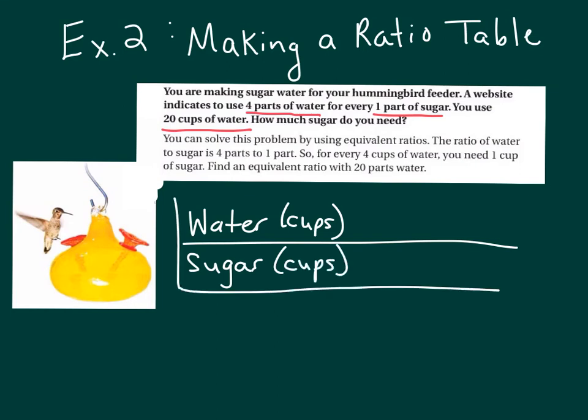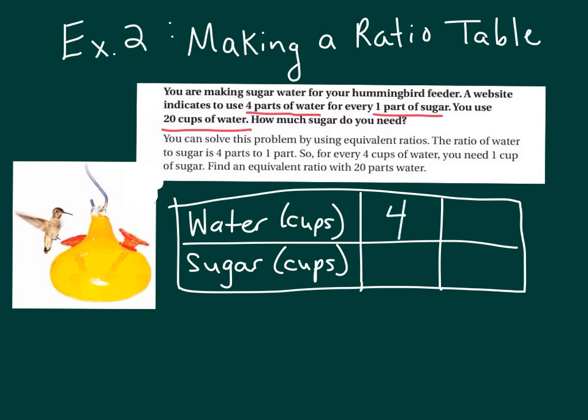And just like we did for example 1, you can try using addition repeatedly, or you can use multiplication to fill things out. In this case, they told us the original ratio was 4 to 1, 4 parts water to 1 part sugar, and we're trying to get to 20 cups of water, because that's what they tell us in the problem here.